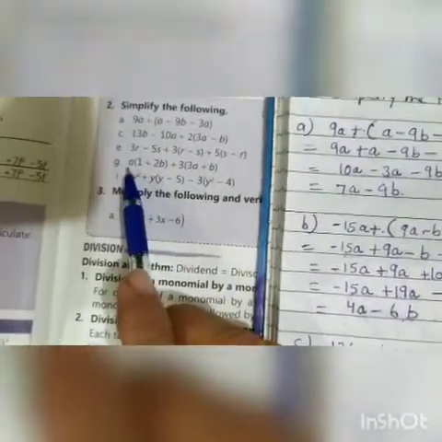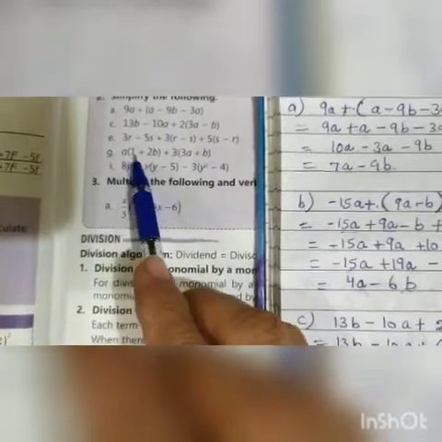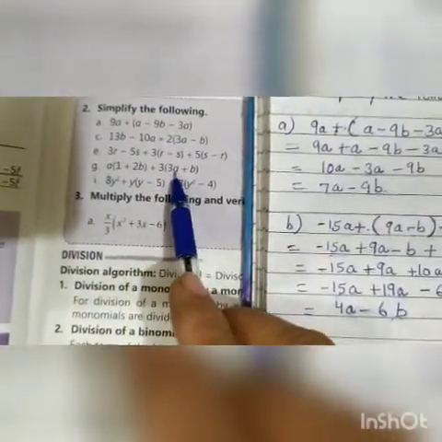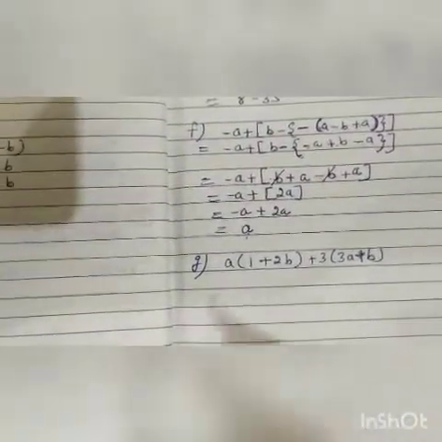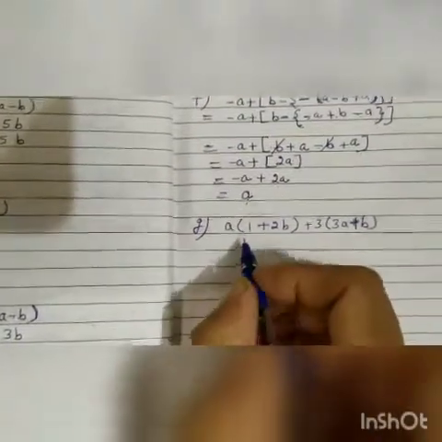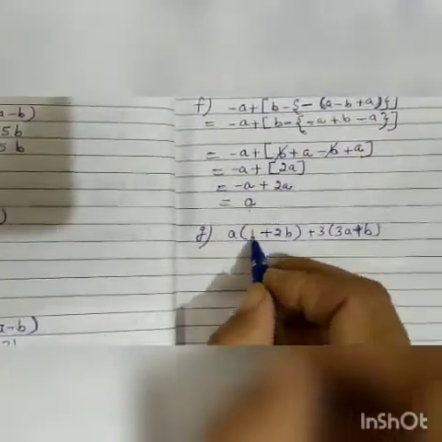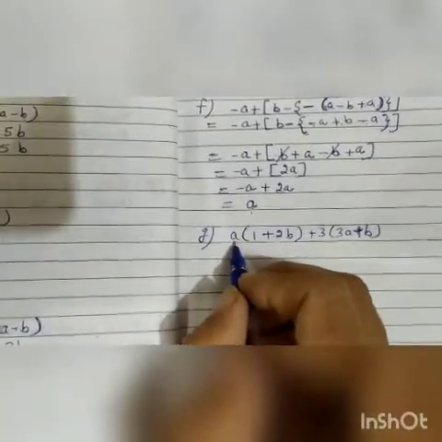Student, G part is a, then within bracket 1 plus 2b plus 3 within bracket 3a plus b. I have written this question here. So here the terms of the first bracket, 1 plus 2b, will be multiplied by this a.